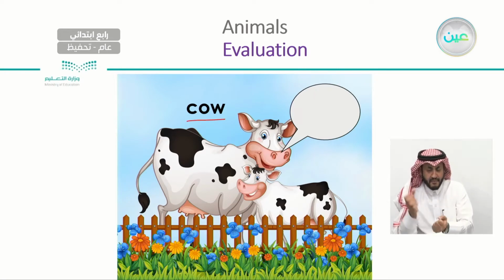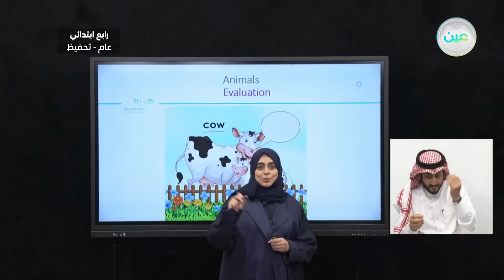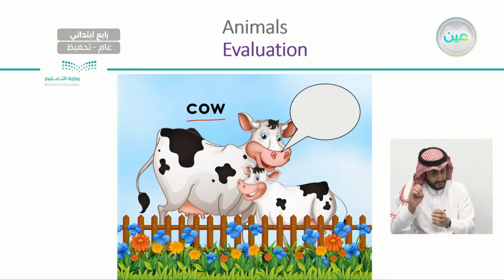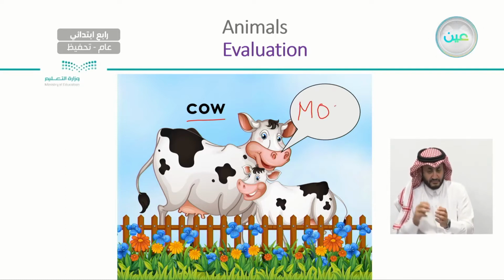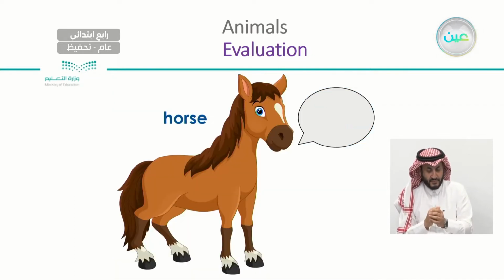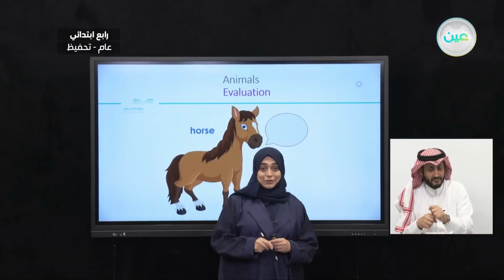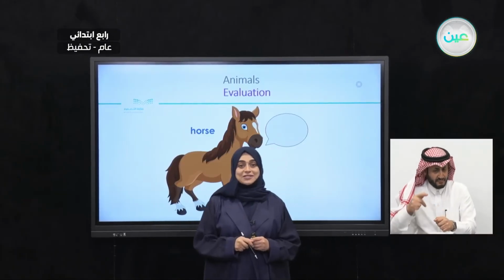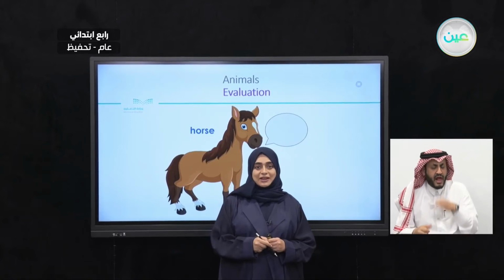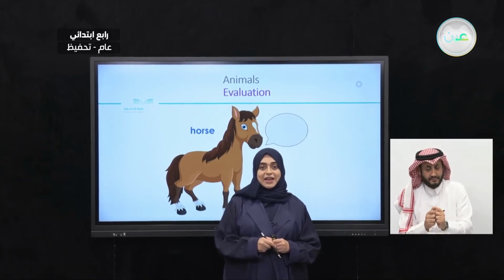Next we have cow. What sound does a cow make? Just like the chant? Moo. Excellent. Moo. M-O-O exclamation mark. And here we have our friend Apples. He's the horse. What sound does a horse make? Neigh.